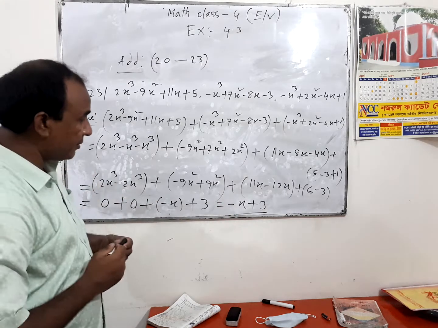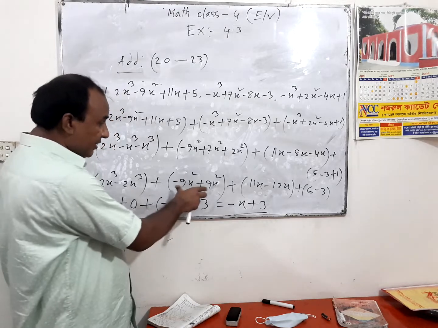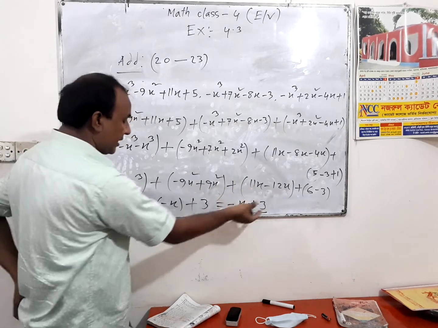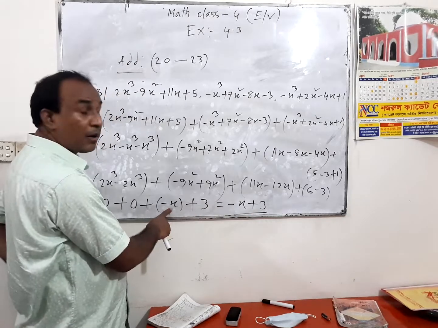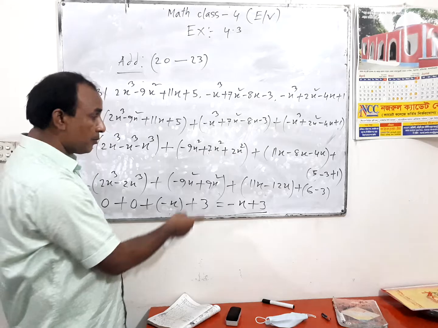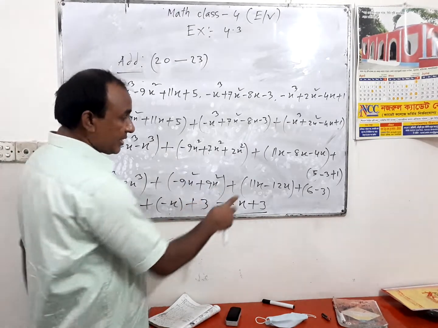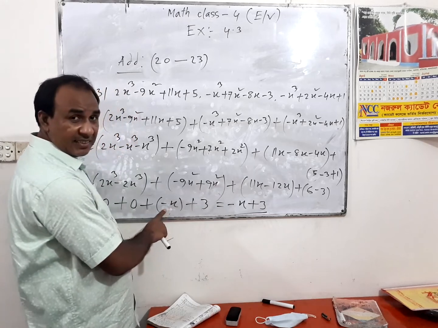Some students are thinking, before, sir said, when inside the bracket all terms are converted into one term, we have to withdraw the bracket. Okay, but still there is a minus sign.